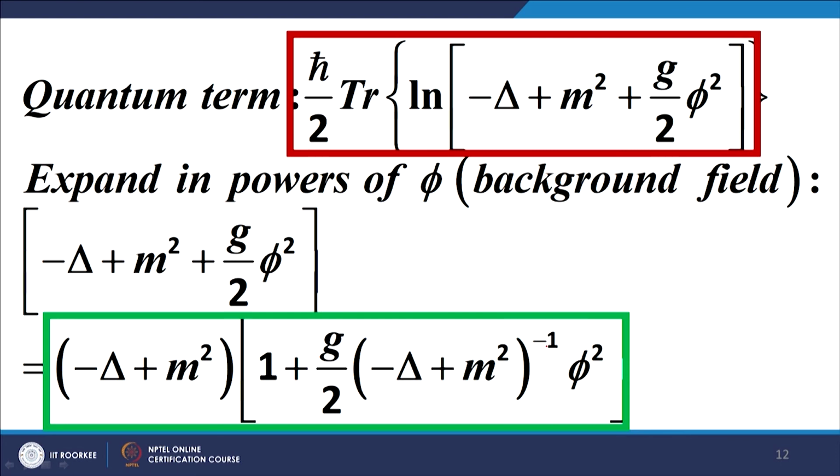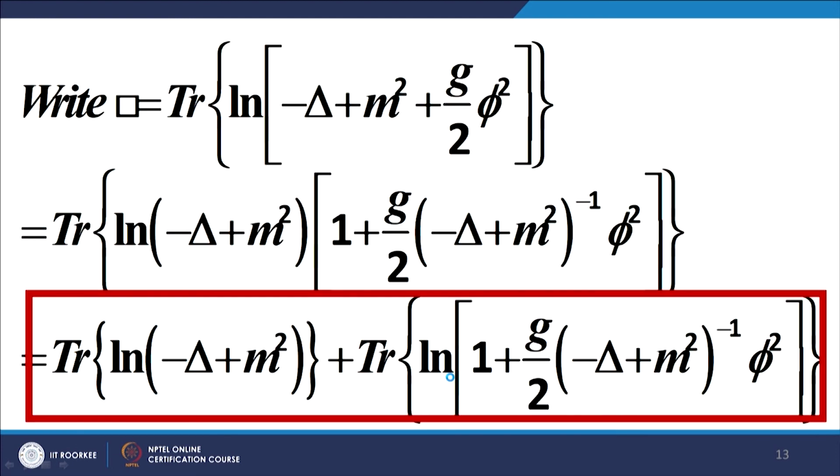And please note this is the minus 1 here, it is the inverse, because when you take this common, the inverse will come before the phi square term here. Now, this expression which you have in the square bracket here, when you take the trace, first of all you take the log of this whole expression and the two terms separate out.